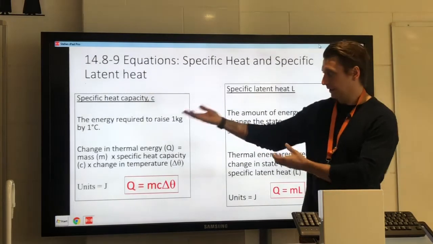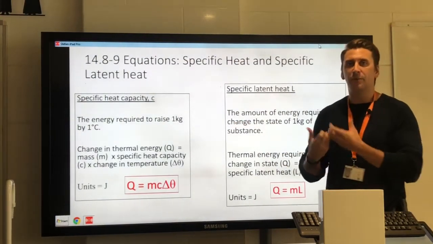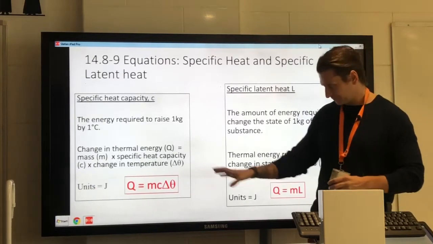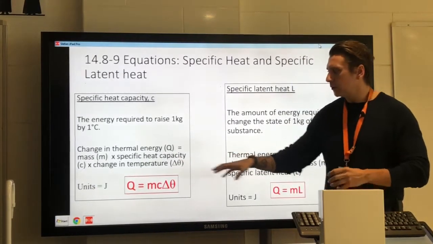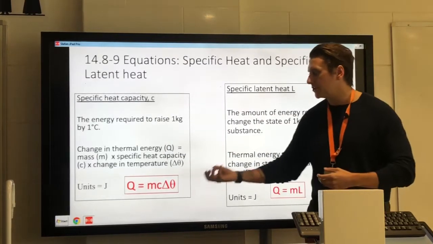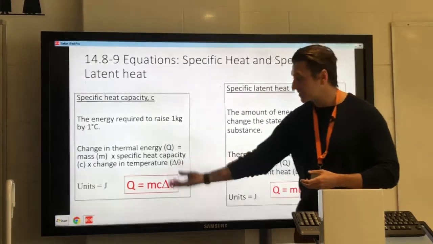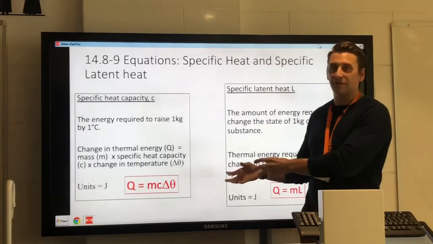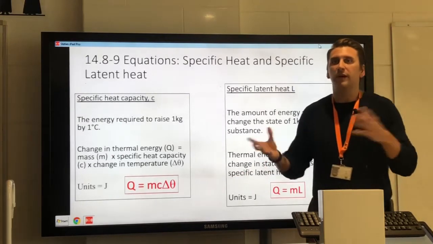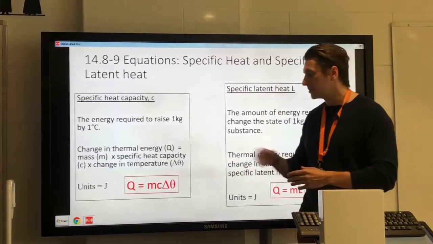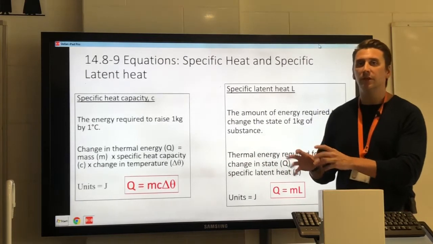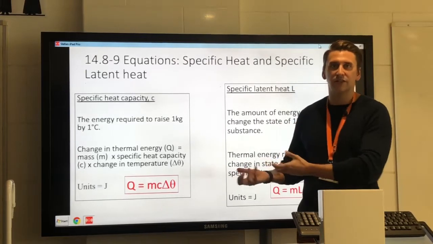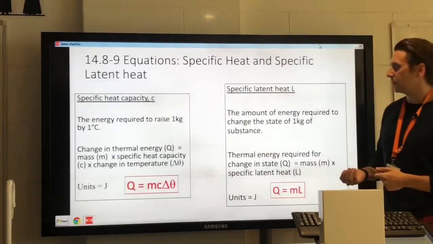Because we know that specific heat capacity is defined as how much energy is required to change the temperature of 1 kilogram by 1 degree Celsius, if we use this equation, we can find out how much thermal energy might be transferred if I have a specific mass m, I know the specific heat capacity c of this substance, and I have a specific change in temperature, which might be 20 degrees Celsius or even more. So c was defined as the property of the material, and now we can use this equation Q equals mc delta theta in calculations and determine different amounts of change in thermal energy.